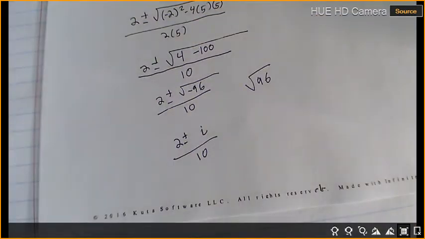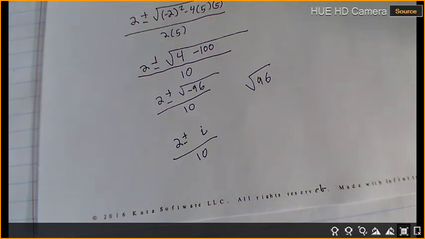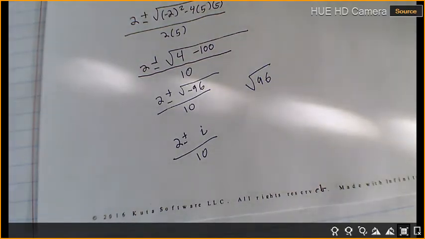So what's the biggest number that is a perfect square that goes into 96? Well, I know 81 doesn't go in there evenly. 64 doesn't go in there evenly. 49 doesn't go in there evenly. 36 doesn't go in there evenly. 25's not going to work. 16 goes in there 6 times.